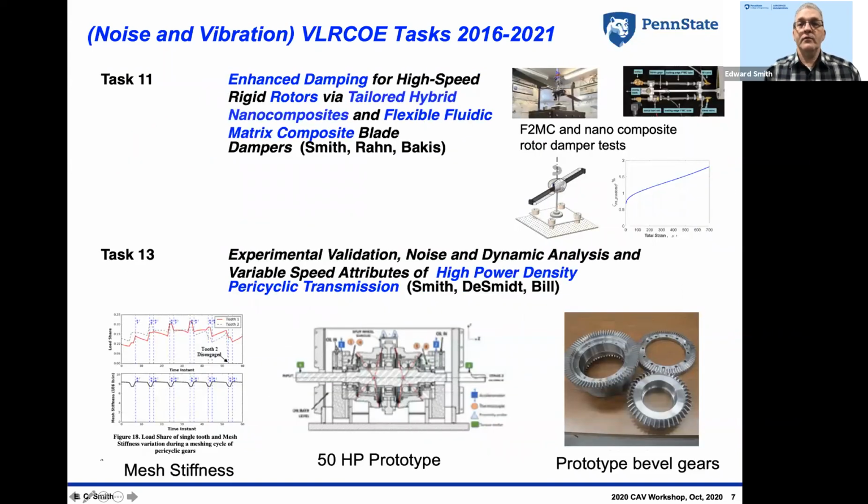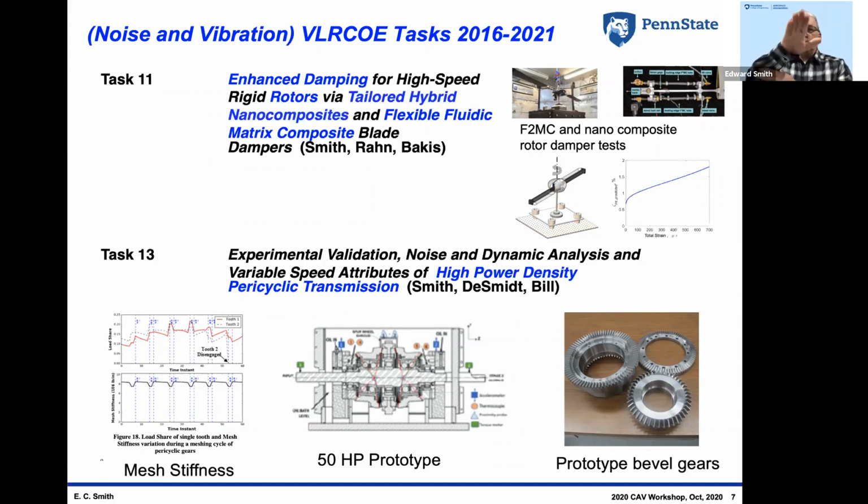I have been working with a number of my graduate students, along with Professor Chris Rahn and Professor Chuck Bacus, on trying to find ways to increase the damping or energy dissipation of the rotor blade structurally, particularly in the lead lag direction, which is the rotor motion in the plane of the rotor, right?